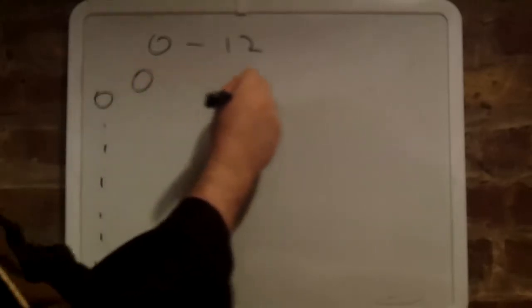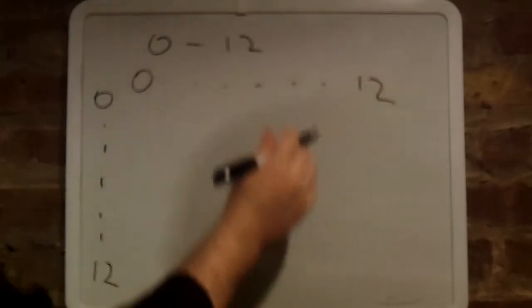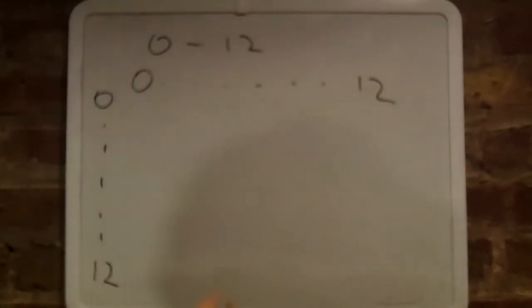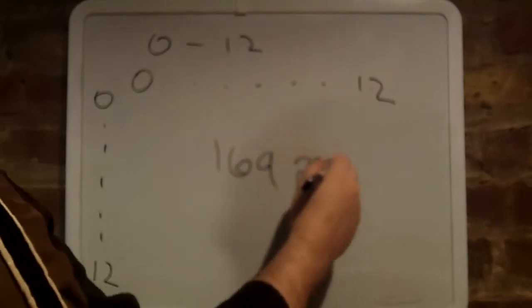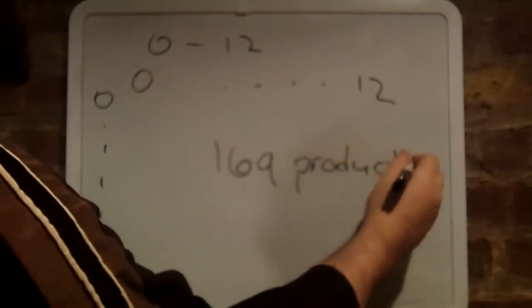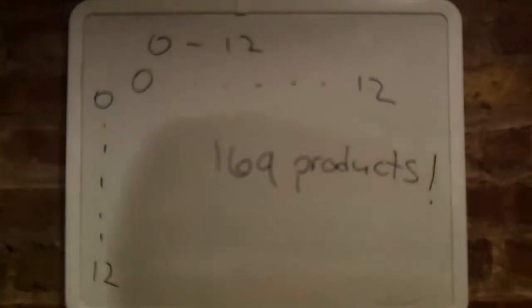If you made a table like that, going from 0 all the way to 12 in both directions and filled in the whole thing, you'd end up with 169 products to memorize. The result of multiplication is called a product. That's an awful lot of memorization.